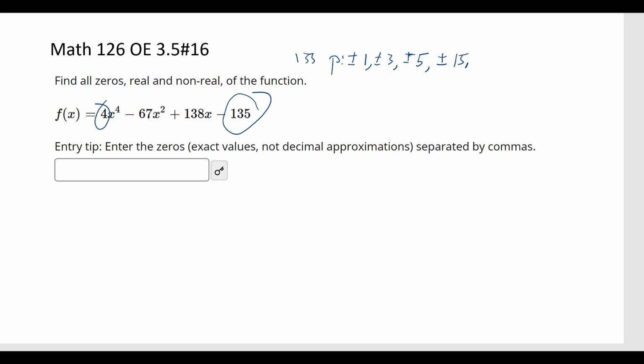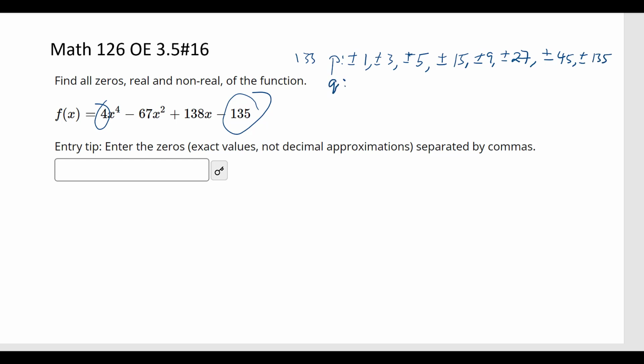Oh, plus or minus 9, forgot about that. Plus or minus 27, because it's 5 times 27. And plus or minus 45. And then plus or minus 135.